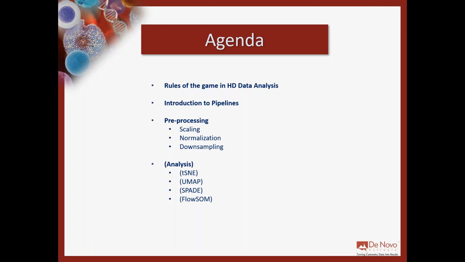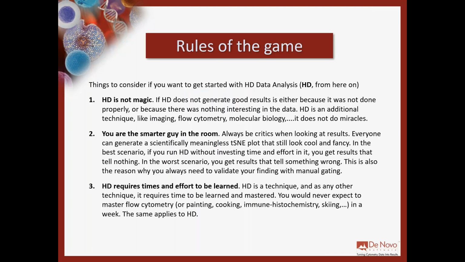So in this series of two webinars, we will not present any algorithms such as tSNE, UMAP, SPADE, and FlowSOM. You can find several webinars on our website already dedicated to those algorithms. So again, these two webinars are really specific for data pre-processing, which is something that we usually realize is really underestimated.